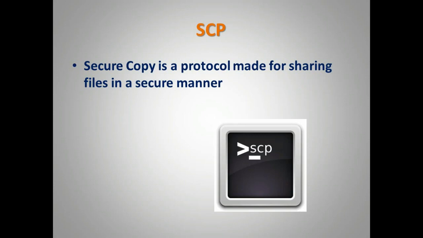SCP works in a similar way to FTP. In SCP, the client gathers information based on what the user has selected, forwards the information through the SSH protocol, and then transfers the file to the server. Similarly, the client can download files by requesting information from the server. So if they want to download some information from the server, they can use SCP to download.